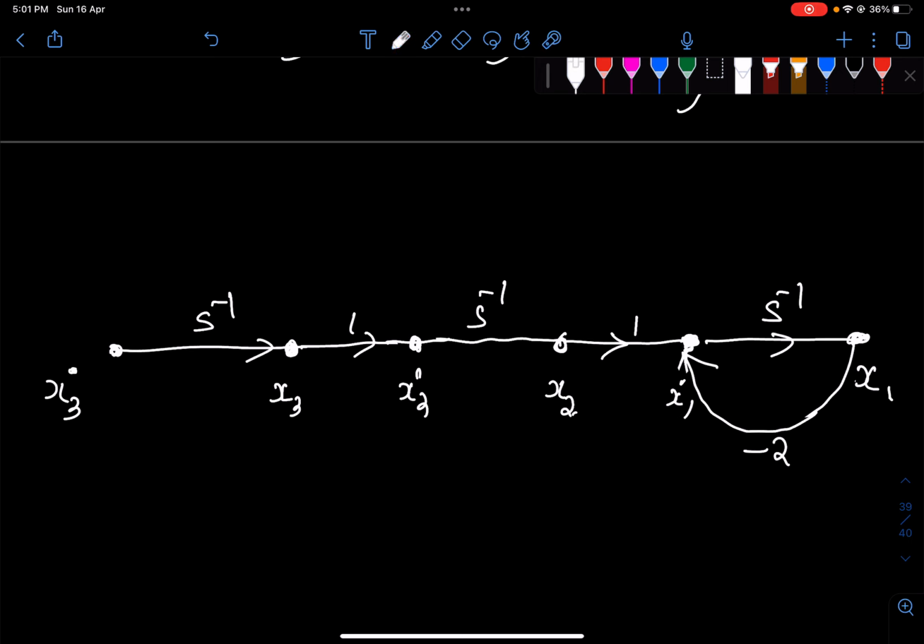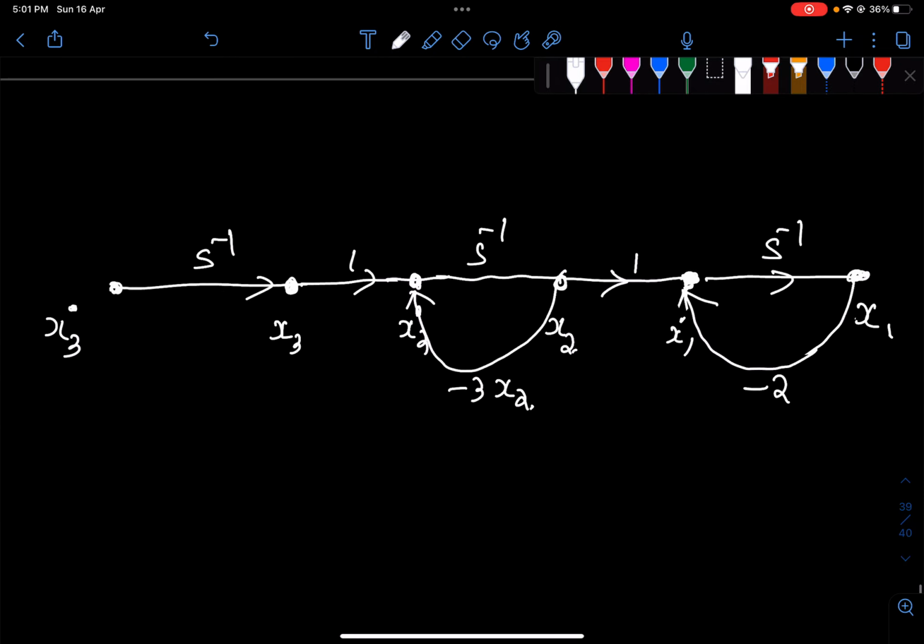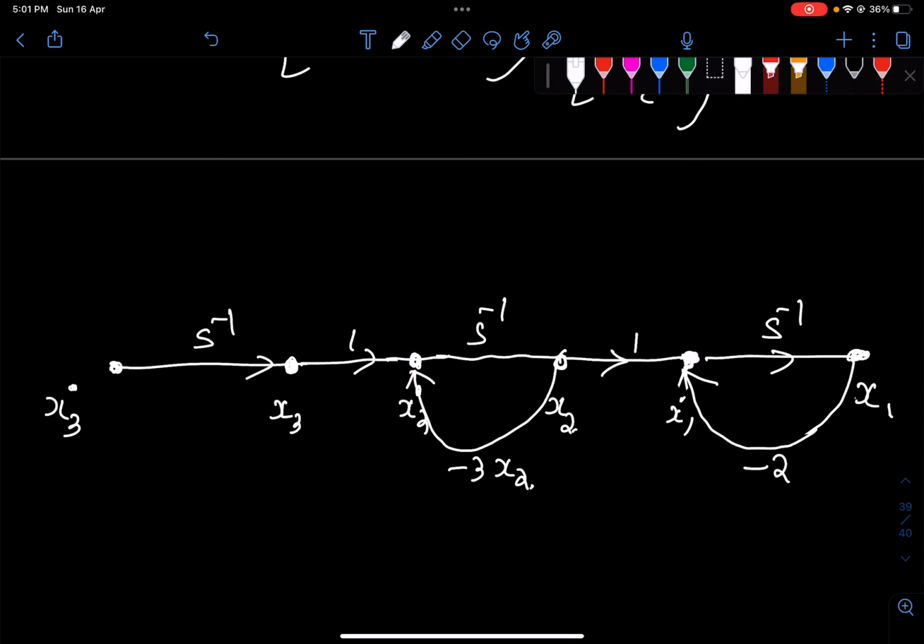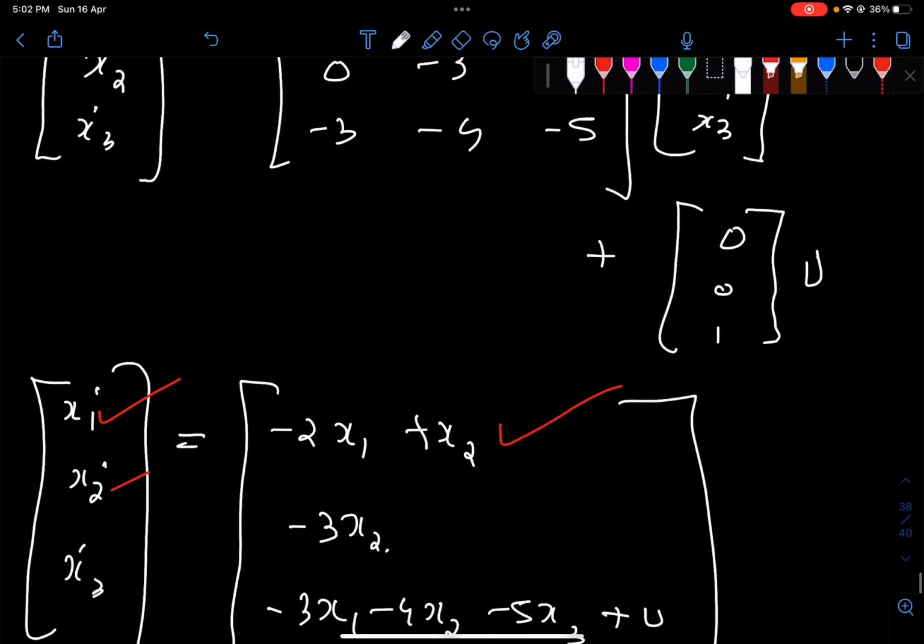Now it's very easy. x2 dot is equal to minus 3 times x2. So the incoming should be x2 dot, equal to minus 3 times x2.